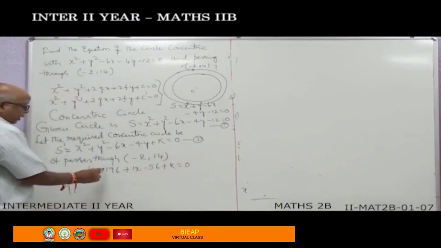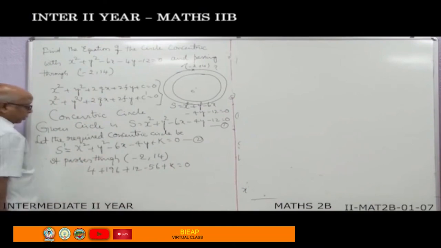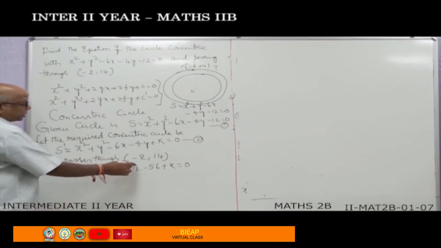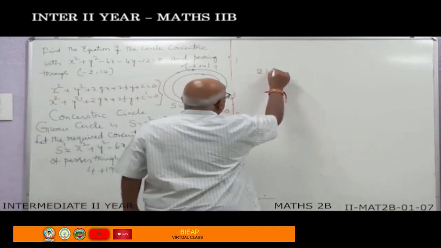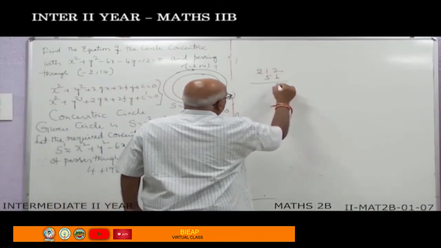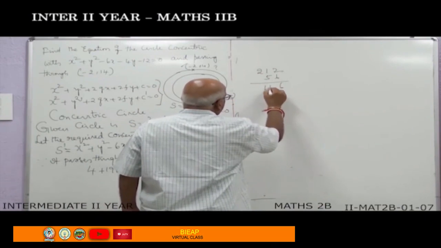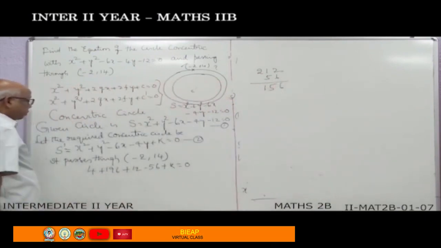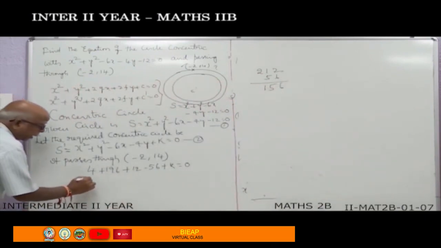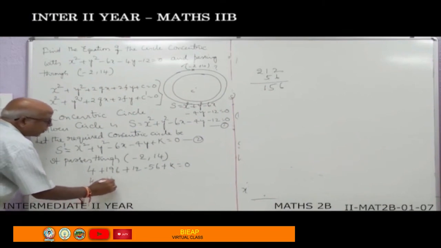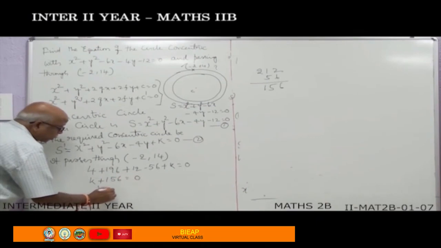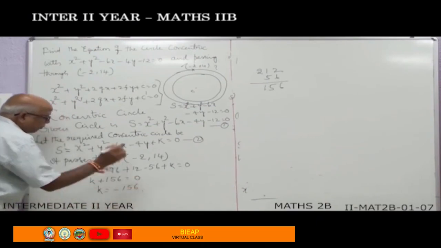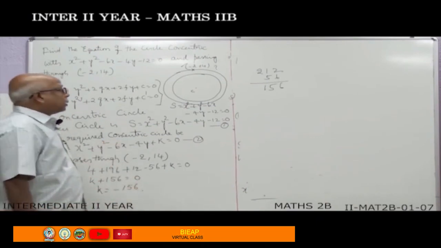What is the value of k? 196 plus 4, 200. 200 plus 12, 212. 212 minus 56, 156. So, k plus 156 equal to 0. K equal to how much? Minus 156.